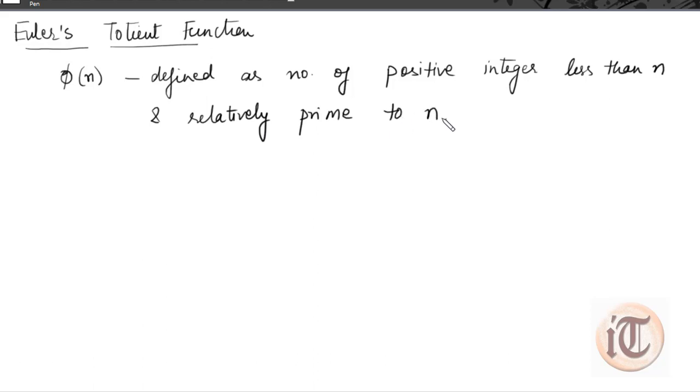So this is the definition, or we can say how we define the Euler-Totient function: it is the number of positive integers which are less than n and relatively prime to n.